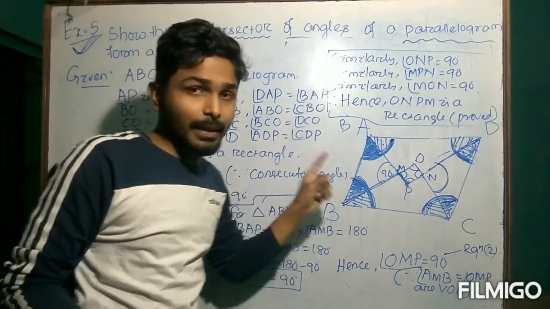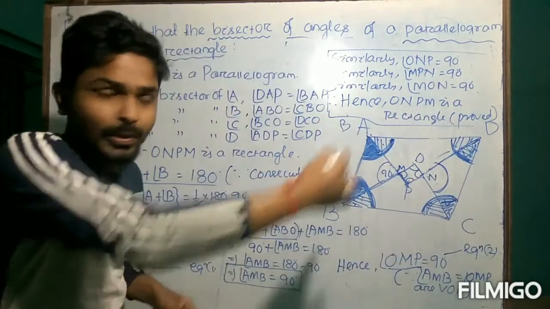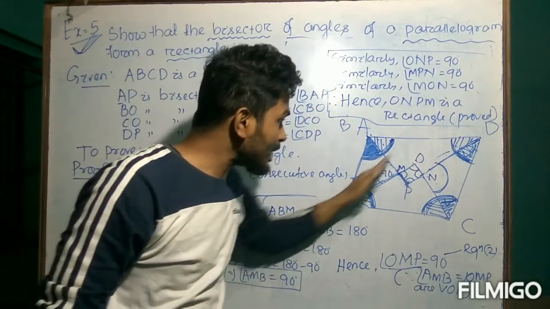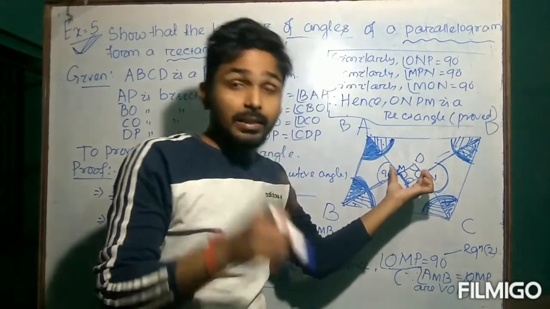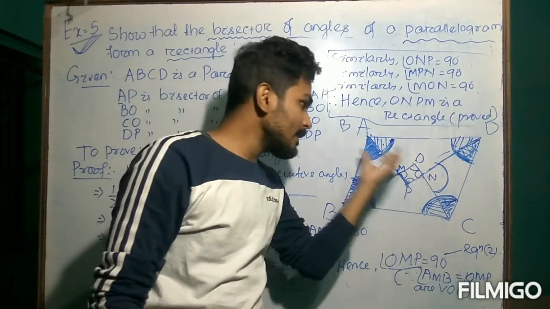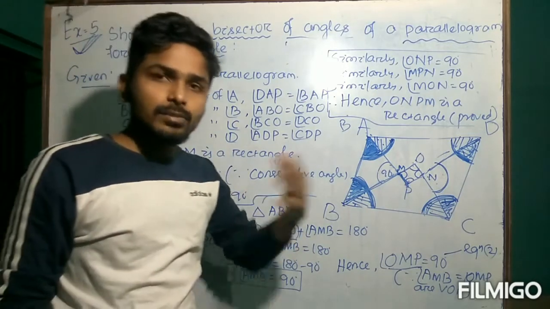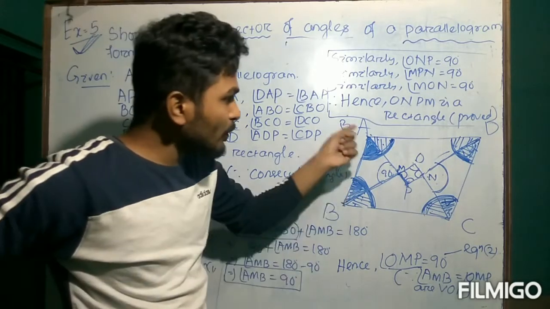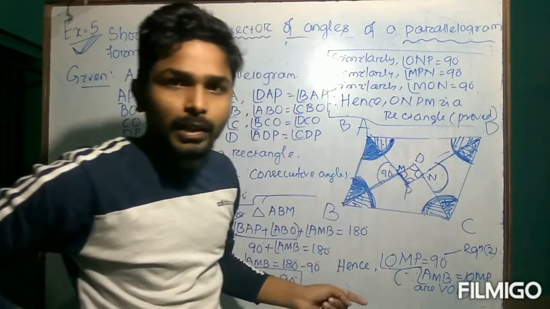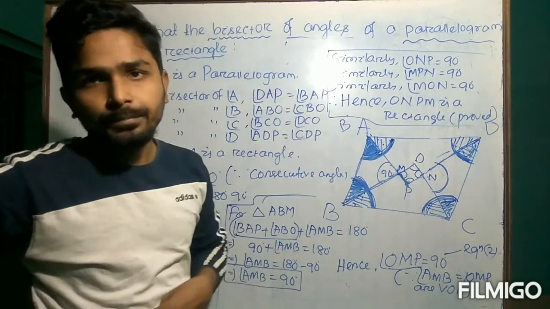You have to remember that in a parallelogram, if we draw the angle bisectors, then in the center they will form a quadrilateral, and this quadrilateral must be a rectangle. You have to just remember it. Okay, from an examination point of view, a short question may be asked that if we draw the angle bisectors of a parallelogram, then the quadrilateral formed is dash. You can write yes, it is a rectangle.